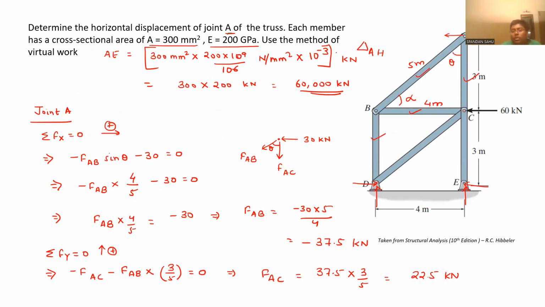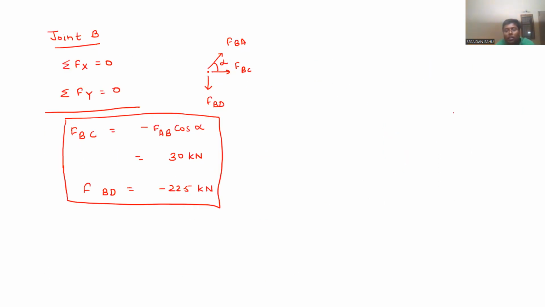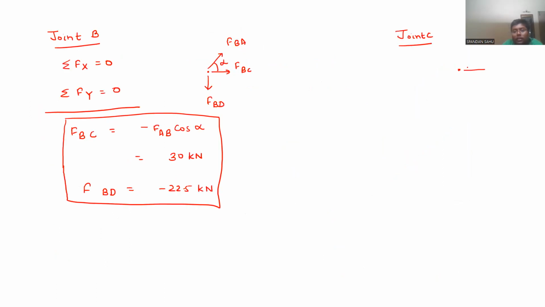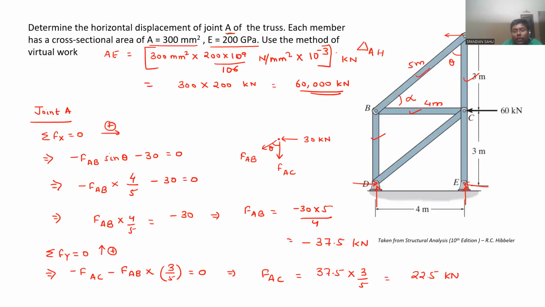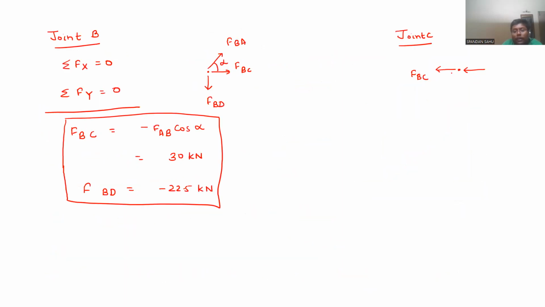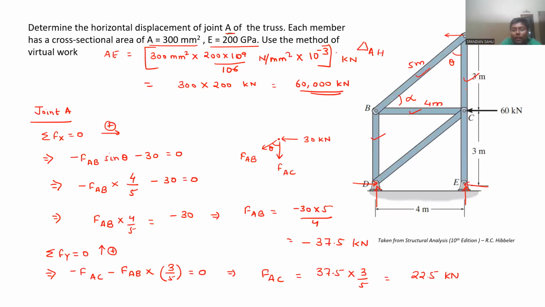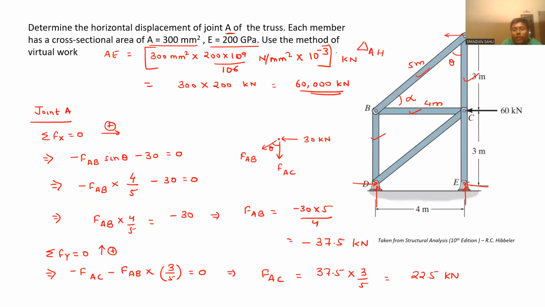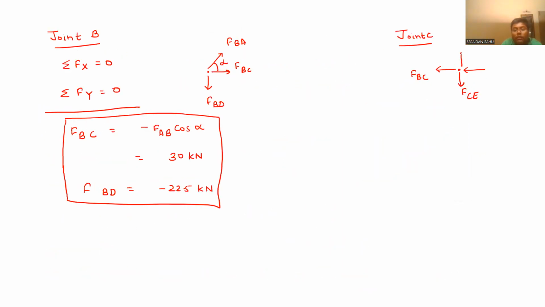Now let us move to joint C. When we do the FBD for joint C, 60 kilonewton is acting this side, FBC will be acting here, FCE will be acting this side, and FAC will be acting upward.